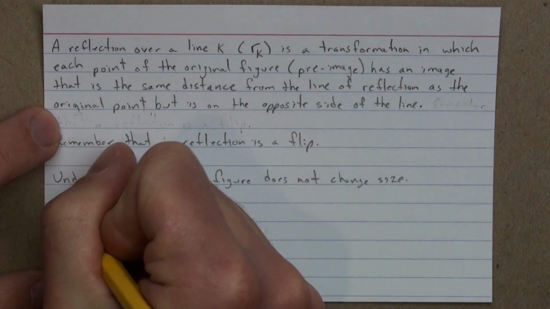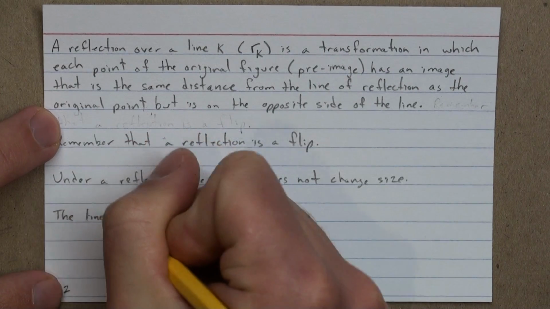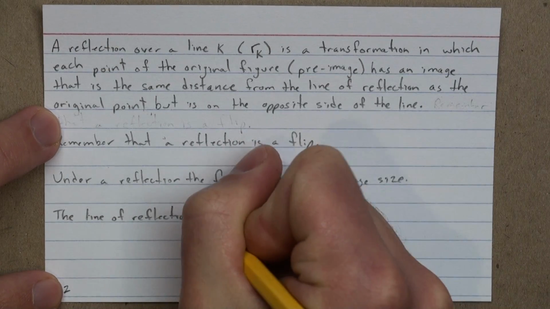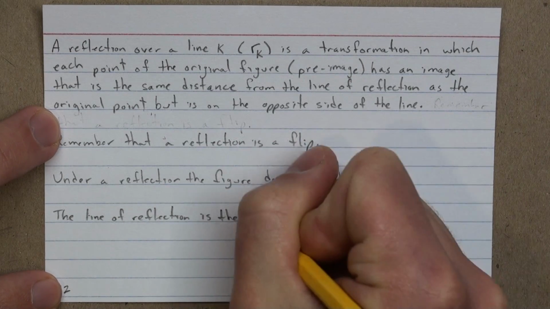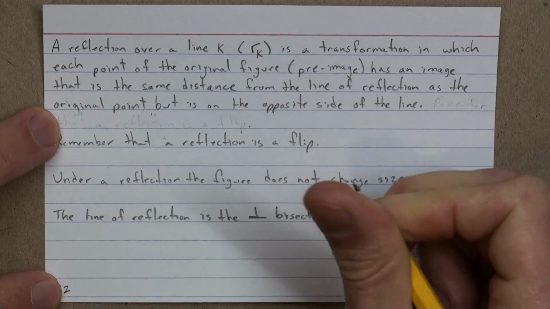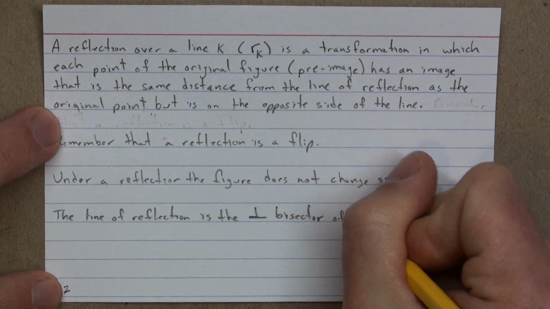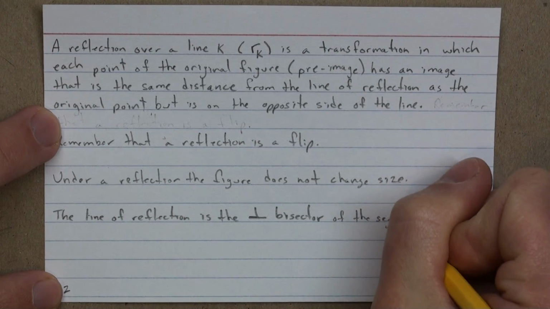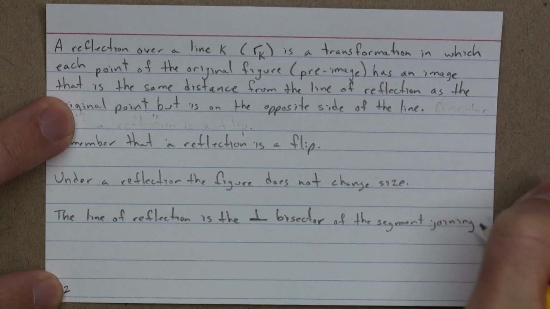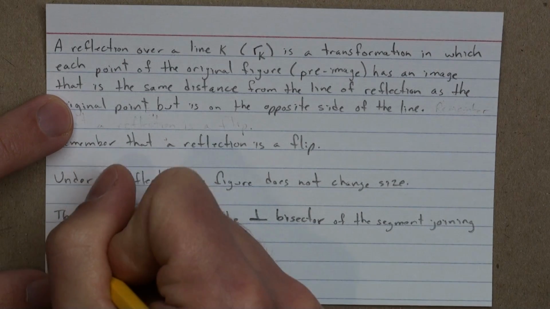And one more little thing we can write is that the line of reflection is the perpendicular bisector of the segment joining every point and its image.